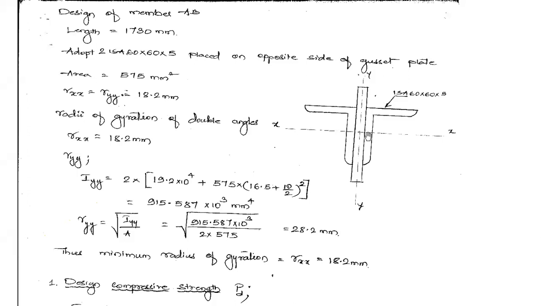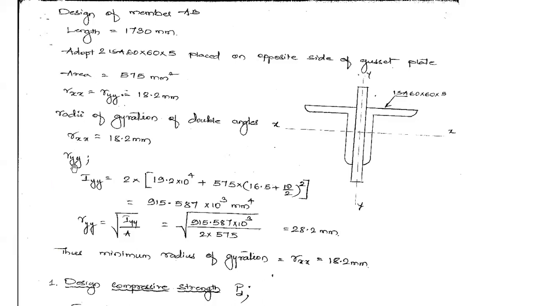There will not be any shift in the centroidal distance between the single angle section and this double angle section. They are coming in the same line only. So there is no requirement to apply the parallel axis theorem. Ixx, the moment of inertia about the x-axis, will simply get doubled. So the radius of gyration is not changing here.